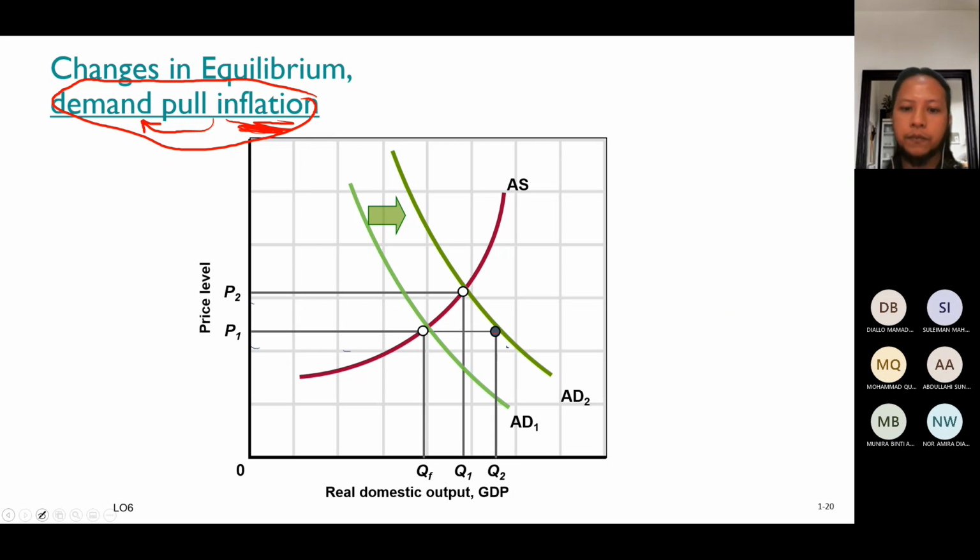Why? Because the US government gave too much money to people during COVID, and people are spending too much, and the aggregate demand is shifting too much. So this is why demand pull inflation is happening in the US. But as we will see later, there are also other factors that cause inflation.